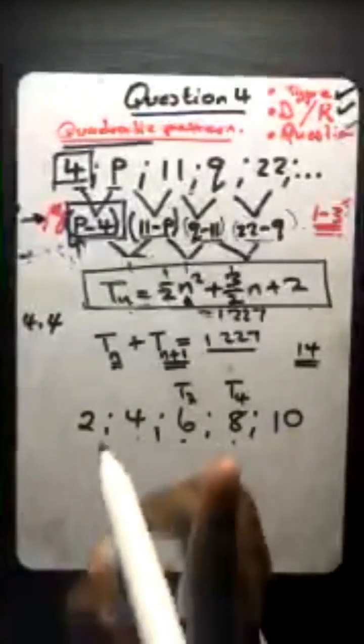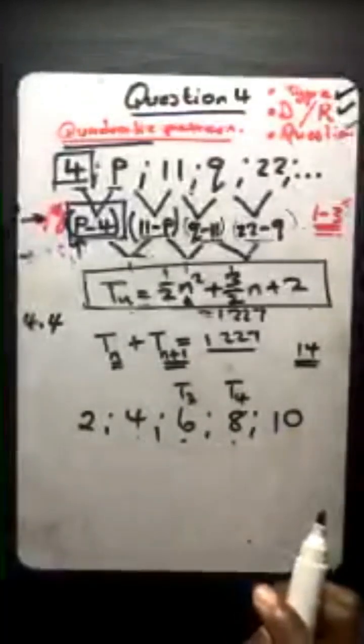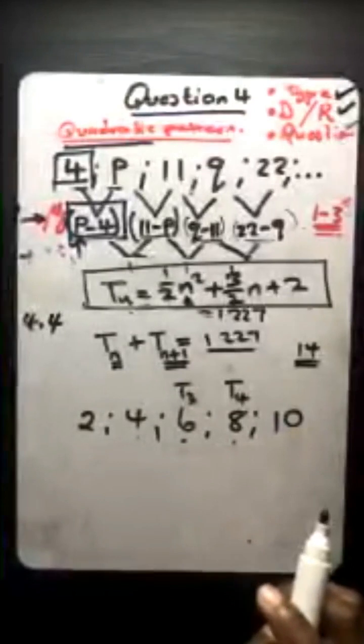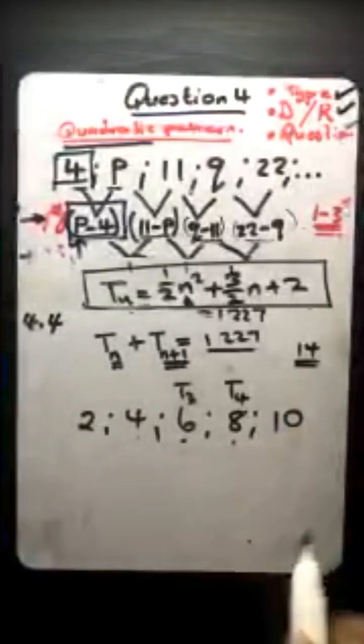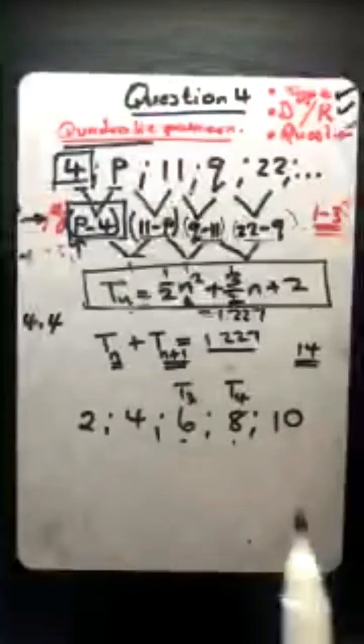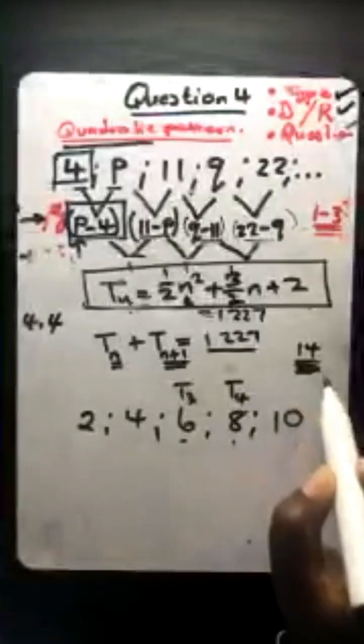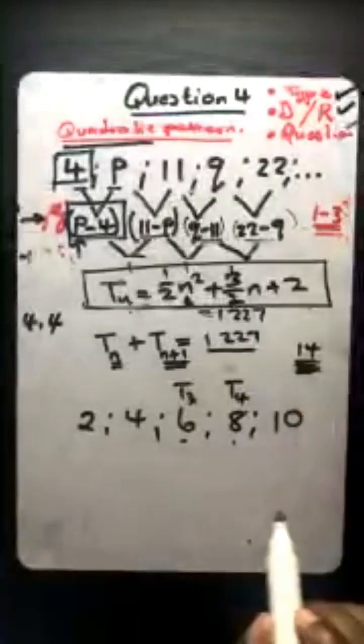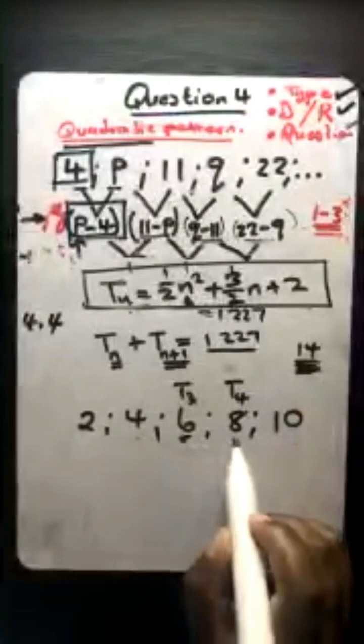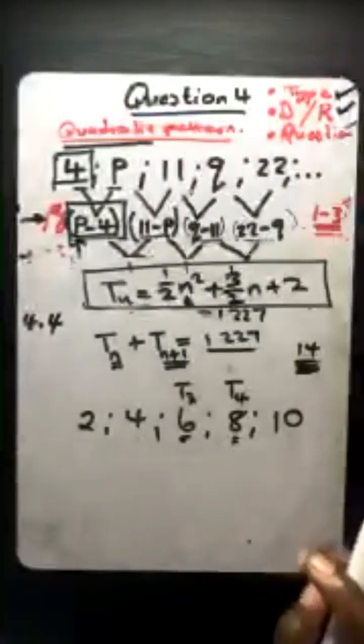So that's where it confuses you. Did you hear my question? I said, which 2 terms when you add them together, give you 14. So your response was 6 and 8. So that is where the confusing part comes with that question.